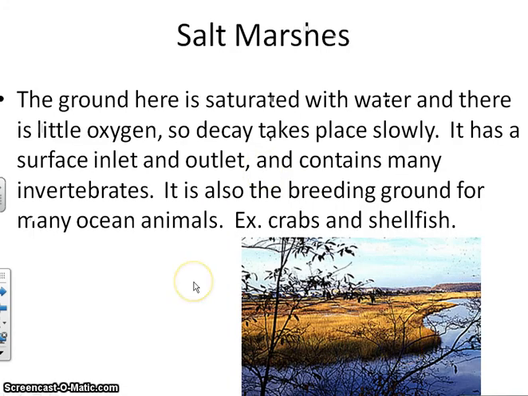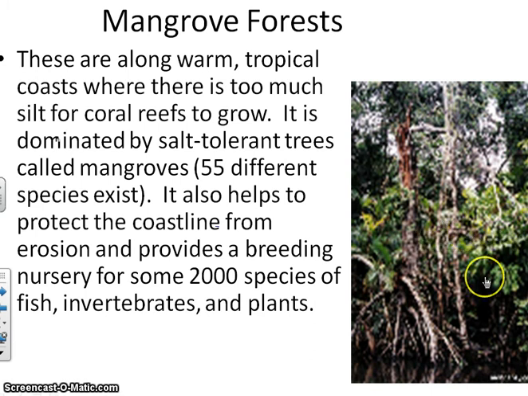So here's one example, a salt marsh, very little oxygen because there's so much nutrition. Bacteria comes in and algae comes in and takes over. So decay happens really slowly. This is where you go and find lots of yummy shrimp, crabs, shellfish, crawfish, all of those bottom feeders, those benthic organisms.